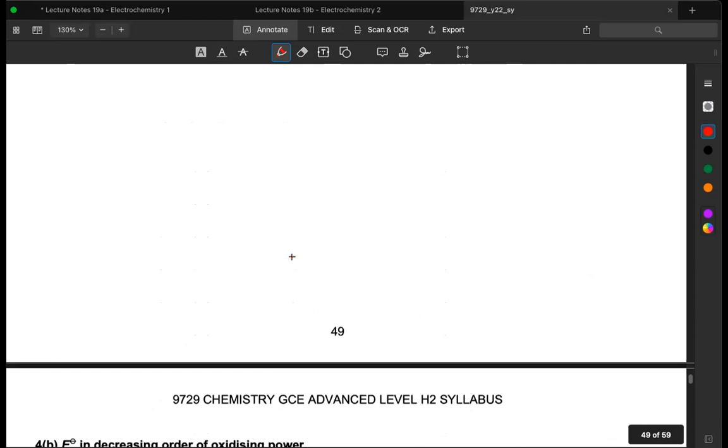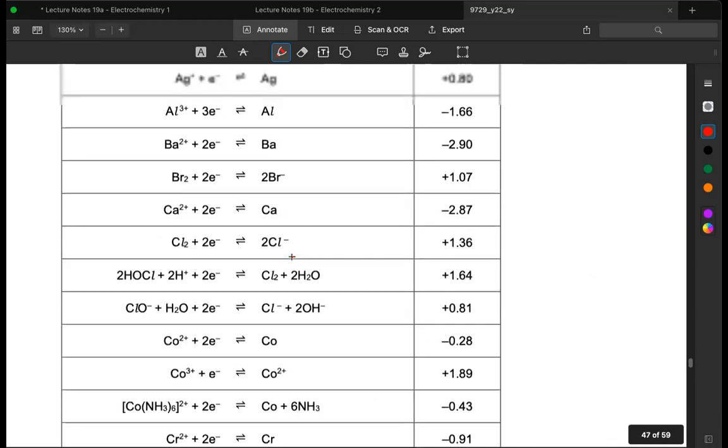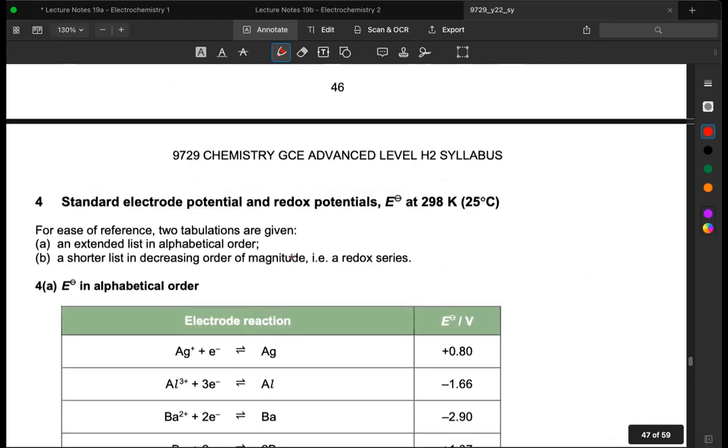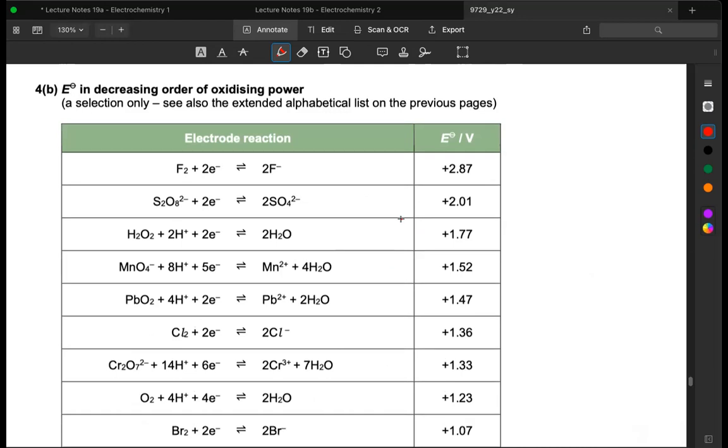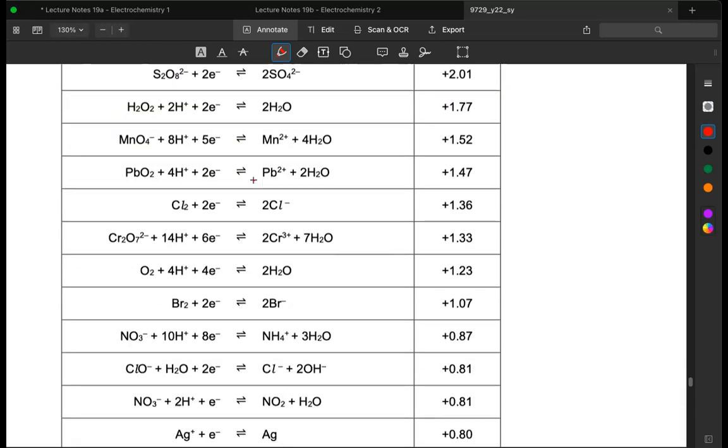So there's one table in alphabetical order. The other is in terms of electropotential. They start with the strongest oxidizing agent first, then they go down the list. You see?